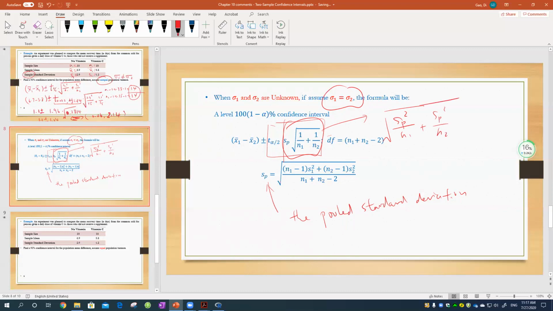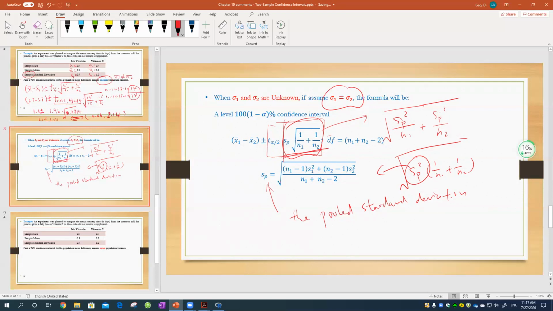So we find a pooled variance, which is a weighted variance of the two sample variances, and then we replace that in this formula. Because if they're the same, you can rewrite this as the pooled variance times 1 over N1 plus 1 over N2. And then this is the square root of a variance, so you can pull that out to make it like this.